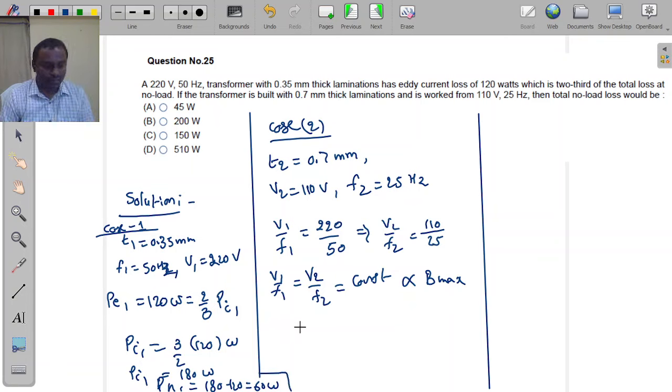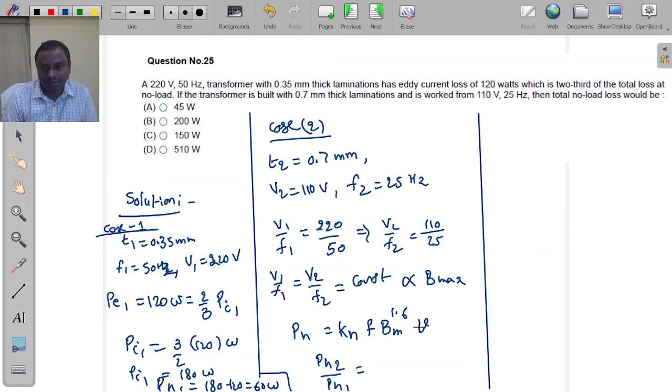Now coming to hysteresis loss: it is hysteresis constant times F times Bmax power 1.6 times the volume. In this case volume can be treated as constant. From this I can say PH2 by PH1, constants get cancelled, is F2 by F1.